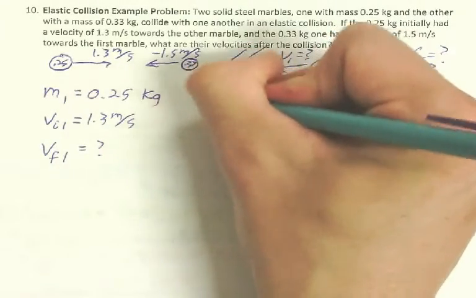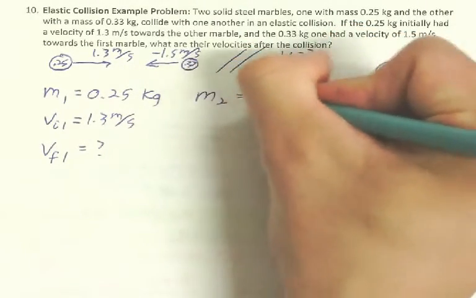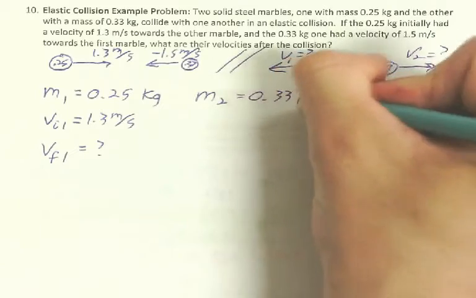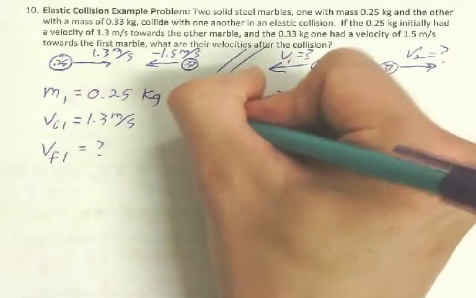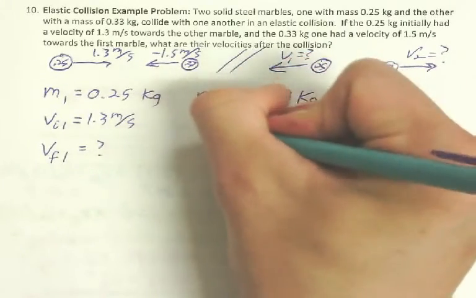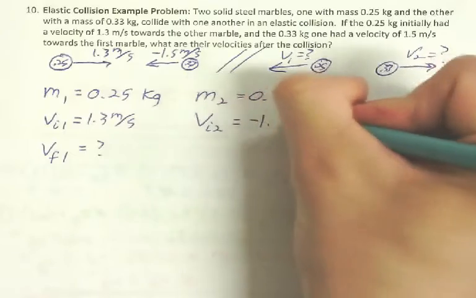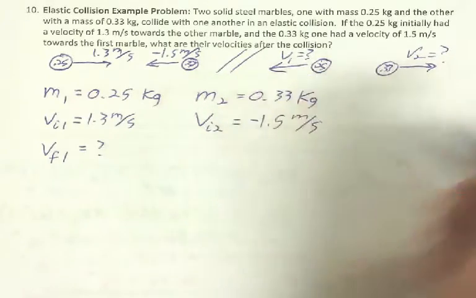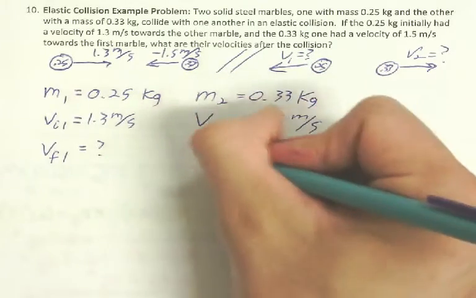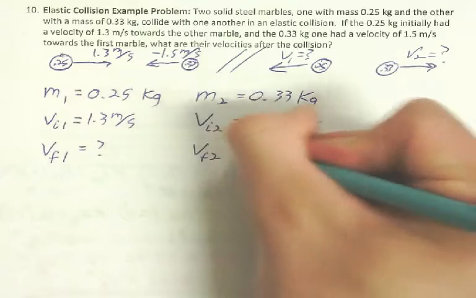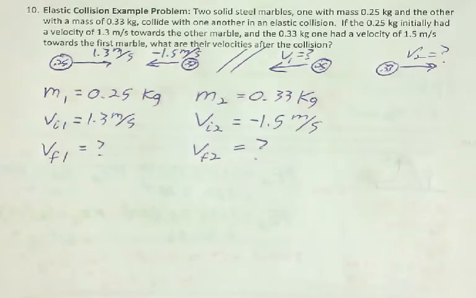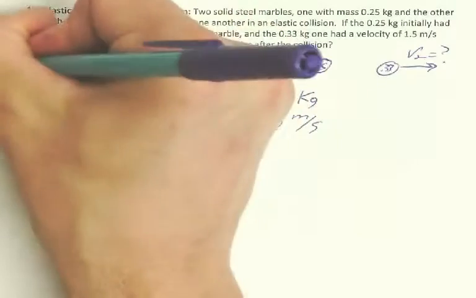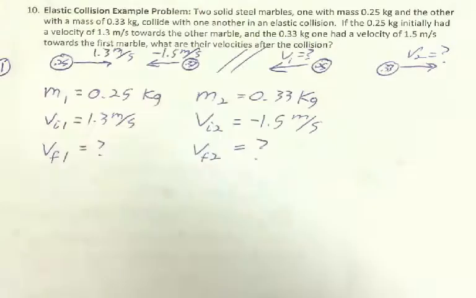Object 2 will be the other one, mass of 0.33, initial velocity of 2, negative 1.5, and the final velocity of 2 we don't know. All right, so step 1, do all your knowns and unknowns like you're used to doing.